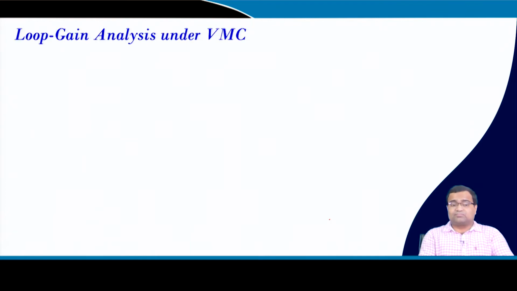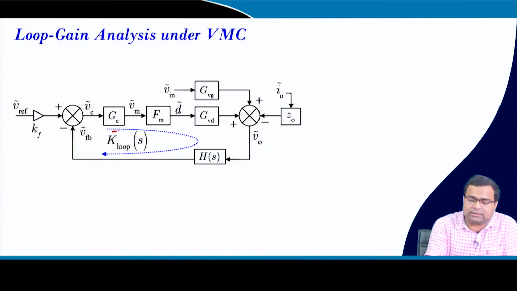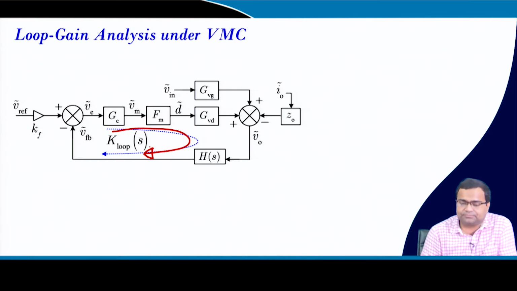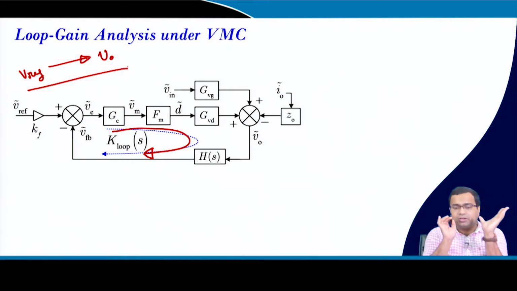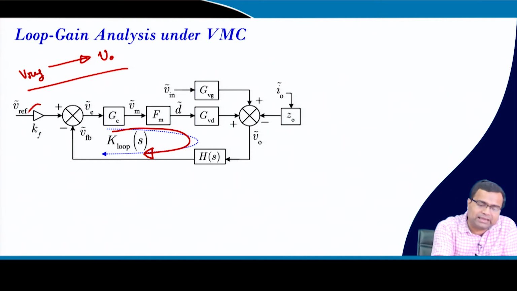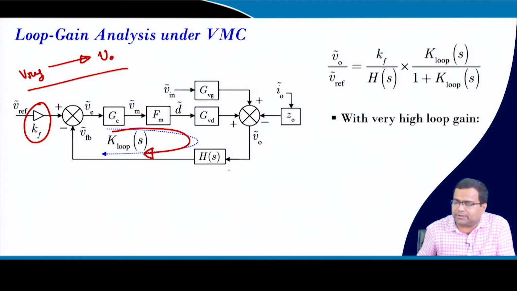If you want to draw the loop gain analysis, then this is our single control loop transfer function, and as I said, we need to map this Vref to V0, that means we want to make them equal. So, if we set a gain kf here, then this h of s should be okay.